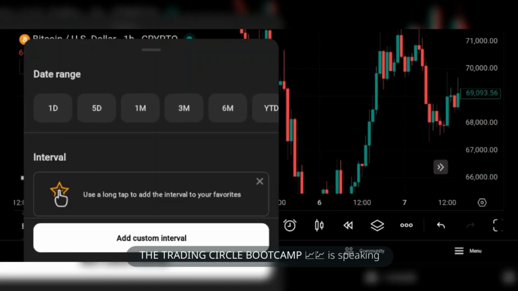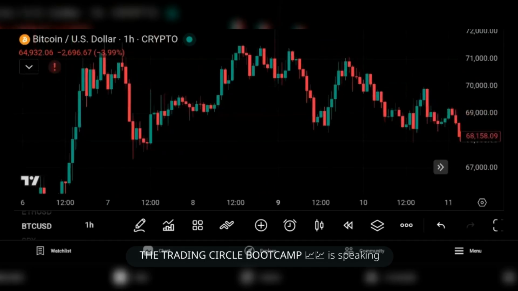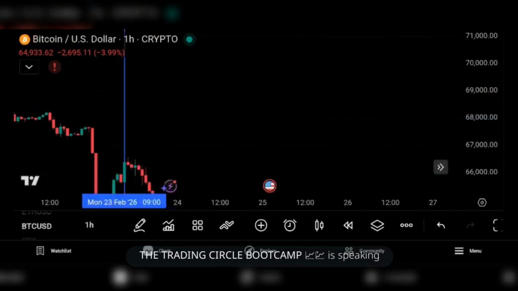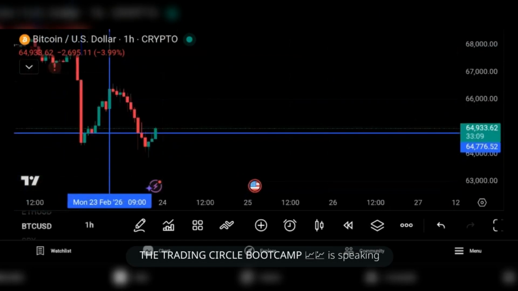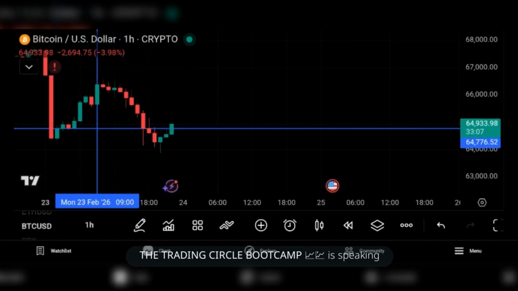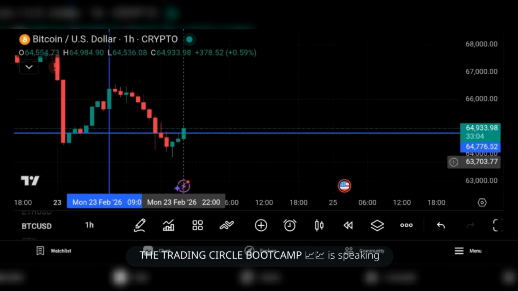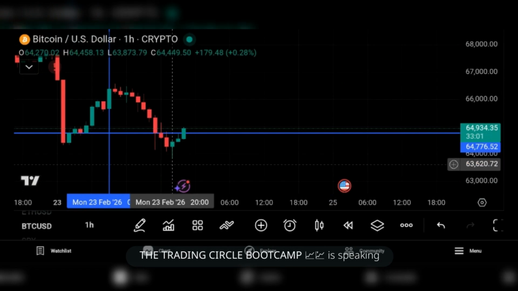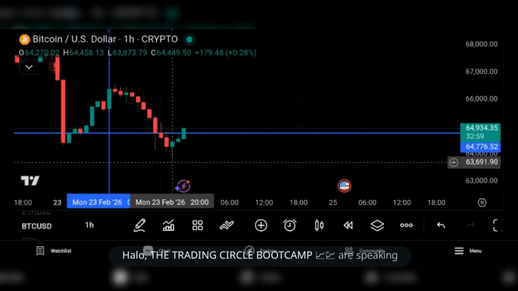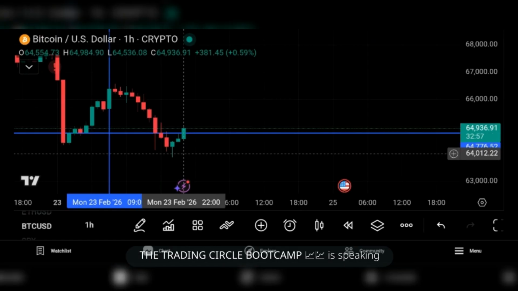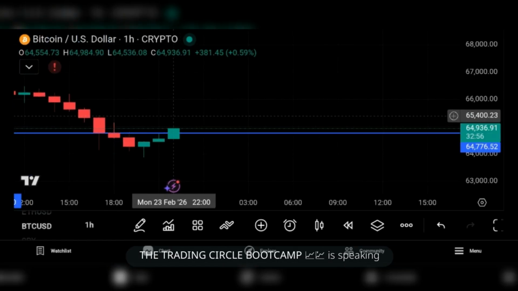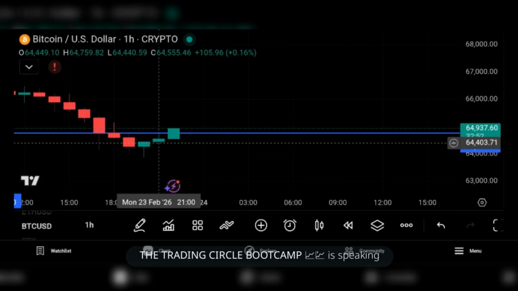Now let's go to the end of this chart. This is the candle we analyzed. We started our analysis on this candle. Let me zoom in a bit. This was the candle that was moving when we started our class, right?